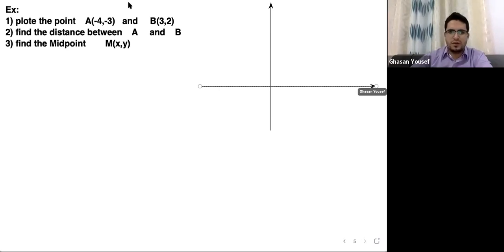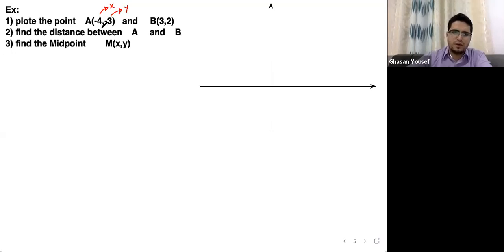To plot this point, this is my x coordinate, my x value, and this is my y coordinate, my y value.